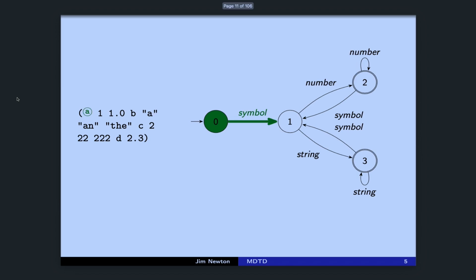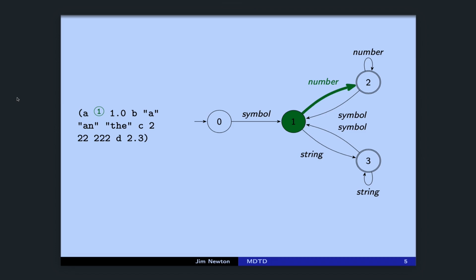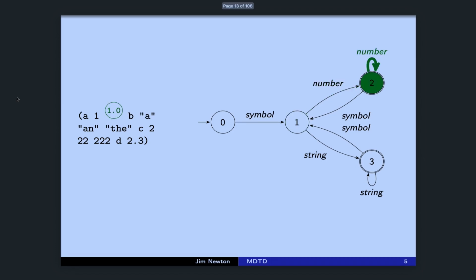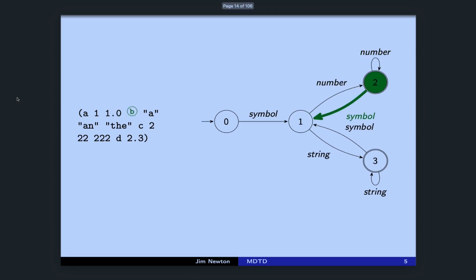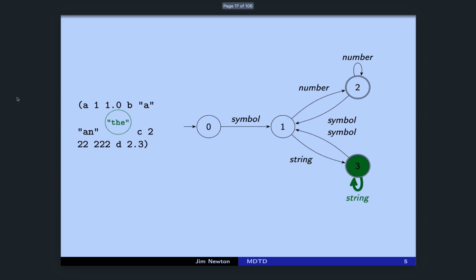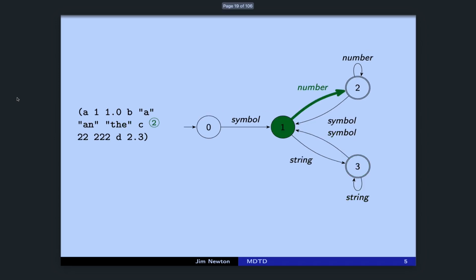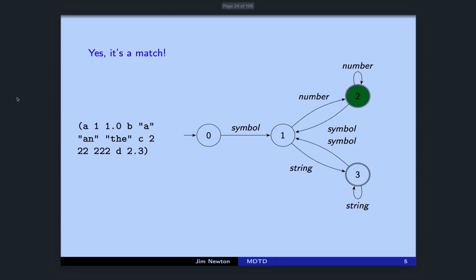We look at the first element of the sequence, which is a symbol. We follow the symbol arrow. And we see the next element is a number, so we follow the number arrow. We have another number, a symbol, string, symbol, string, symbol, number, number, number, symbol, number. And then we end up in a designated state with the 2 circles, which means that this is an accepting state. So the sequence does match the expression.